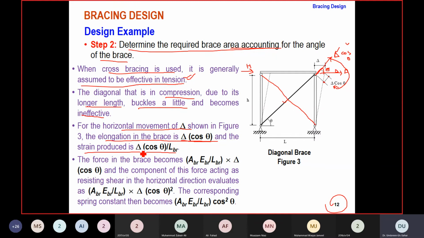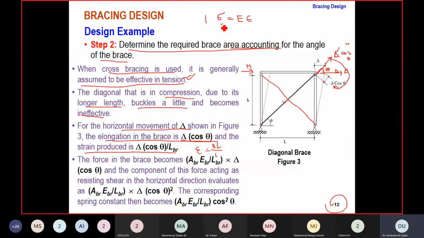For the strain, you calculate delta cos of theta divided by L_BR, of course, the change in length divided by original length. This is the strain. Why do we need strain? That is the question. Why do we need strain to be calculated over here? You are familiar with the relationship that stress is equal to E into strain.